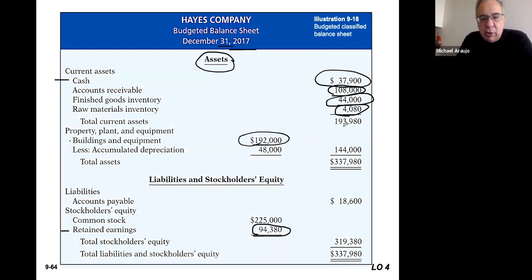Okay, so your total current assets were 193. You had the equipment, you had the truck that you had to add. And so you have $337,980 of assets. Let's take a look at how these liabilities came into play.